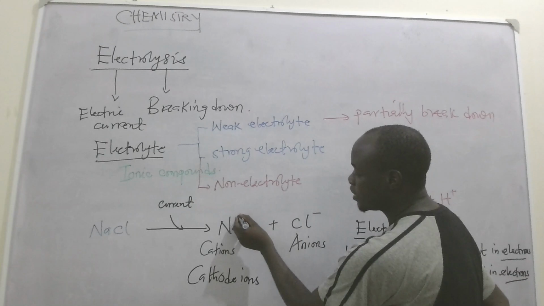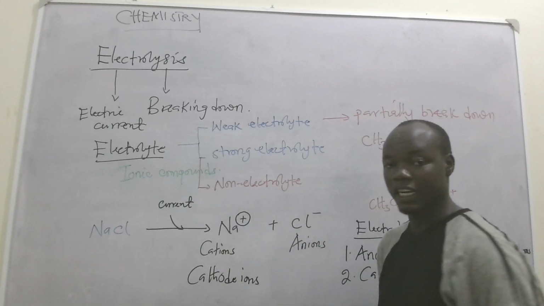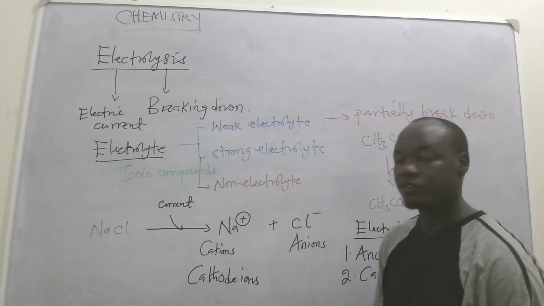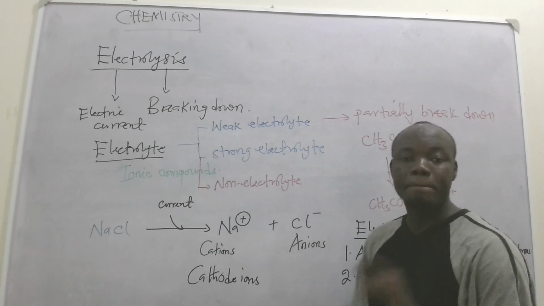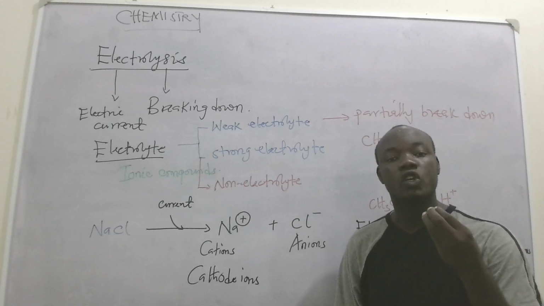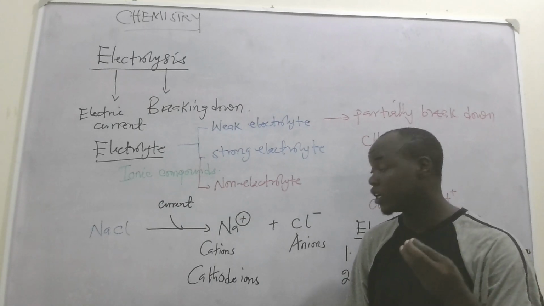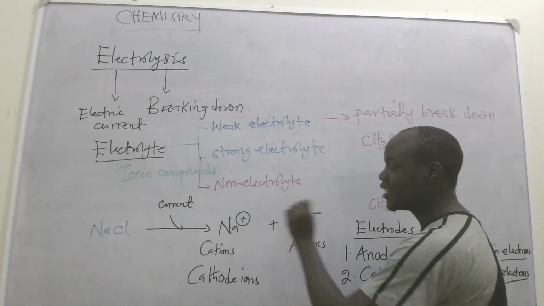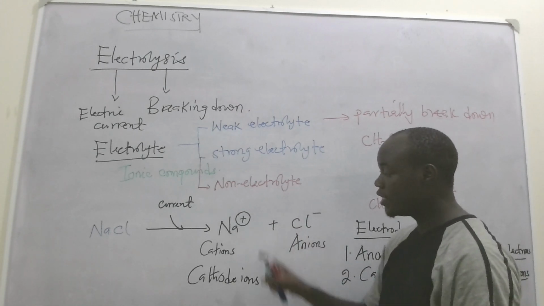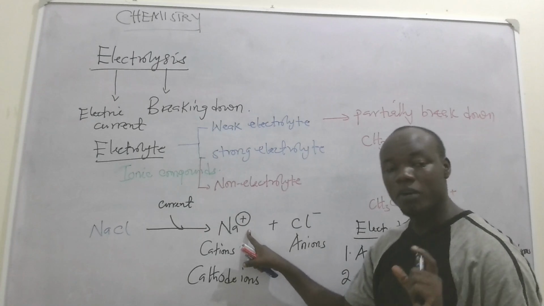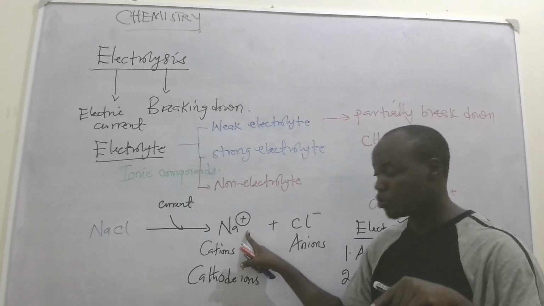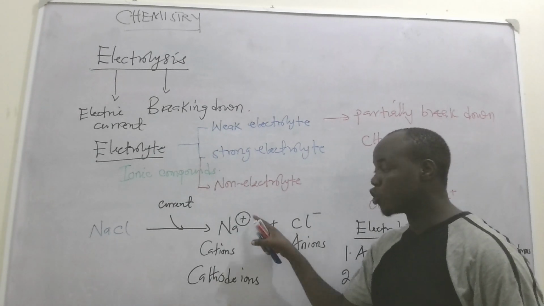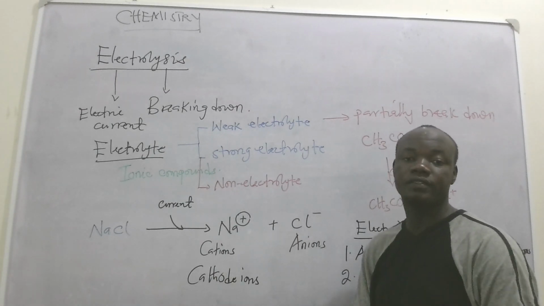Here sodium has a positive charge, meaning that for it to become neutral, it needs electrons. So sodium ions are deficient in electrons and need to become stable.